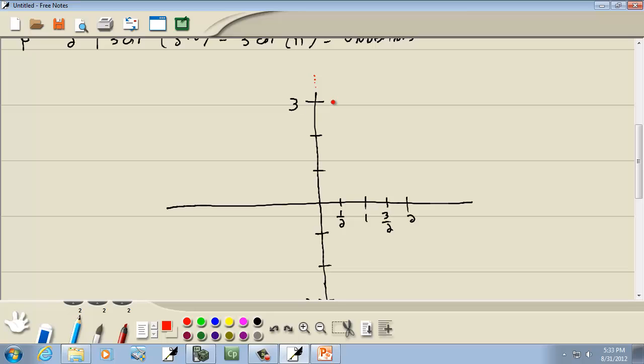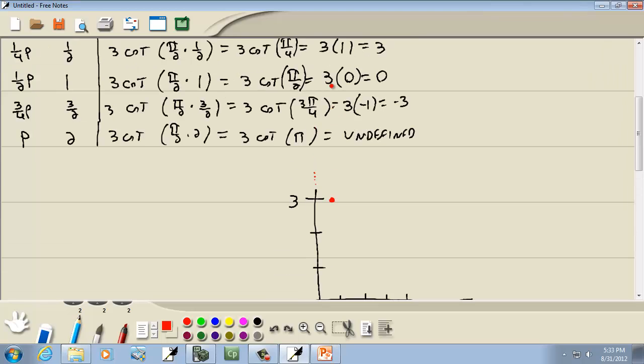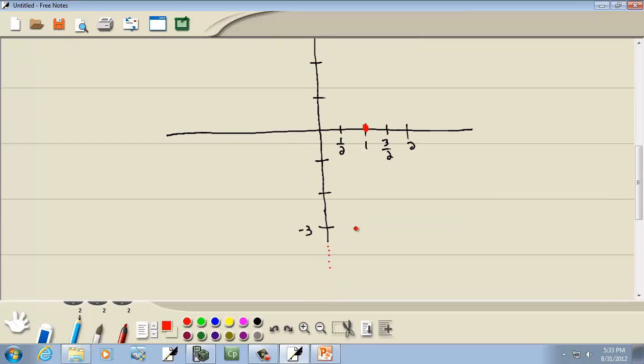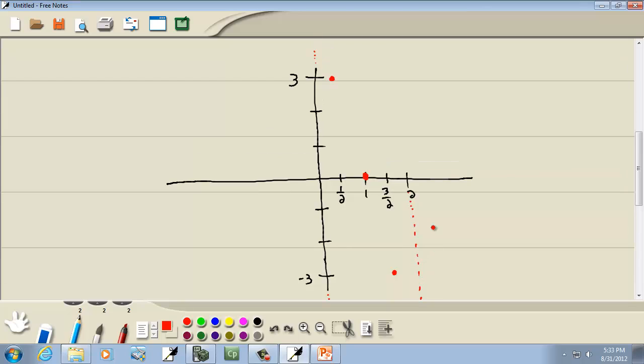So I got 1/2, 3. Next one should be 1, 0. Yeah, 1, 0. Next one should be 3/2, negative 3. Which is right here. And then at 2, it should be undefined again. There we go.